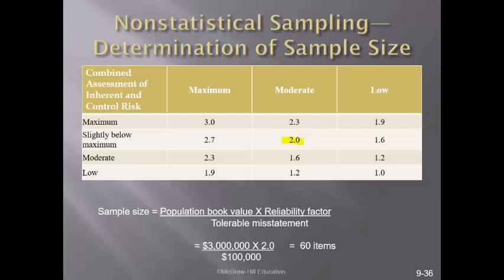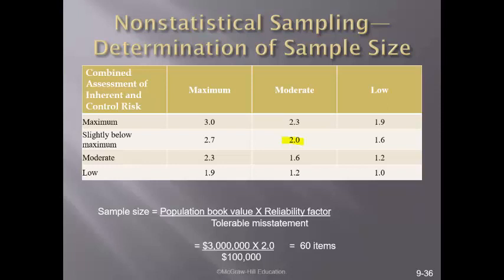Non-statistical sampling will use a reliability factor selected from a table such as the one that is illustrated in this slide. This reliability factor is based on the auditor's combined assessment of inherent and control risk and the auditor's assessment of the risk that other substantive procedures will fail to detect a potential misstatement.